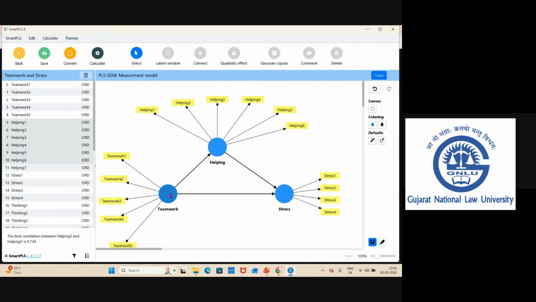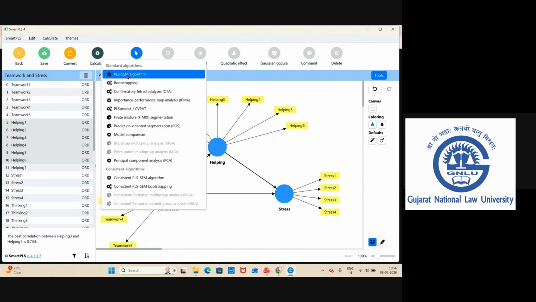So first one, in order to check the construct validity and reliability, and as we have only reflective constructs, this is the most important point. I have seen many scholars randomly use only the standard PLS algorithm. But whenever we have only reflective constructs, we are going to use the consistent PLS algorithm, the consistent PLS-SEM bootstrapping method, not the standard algorithms.